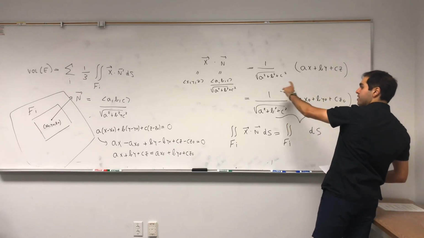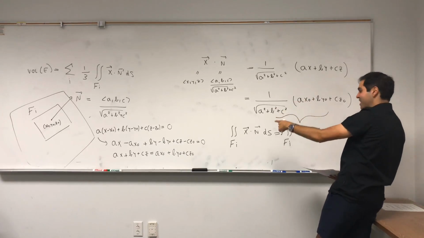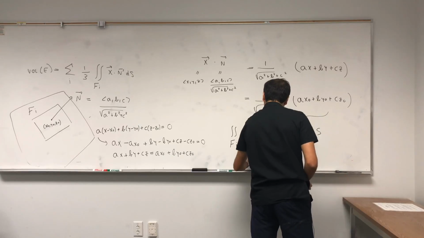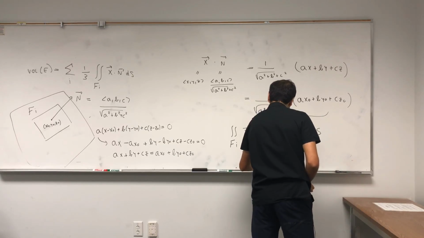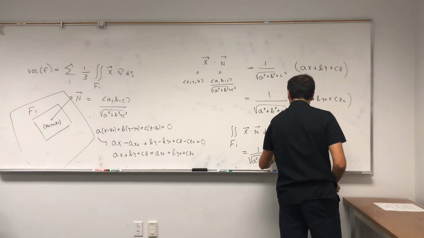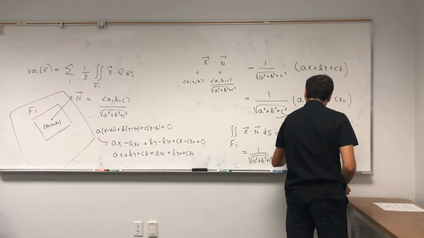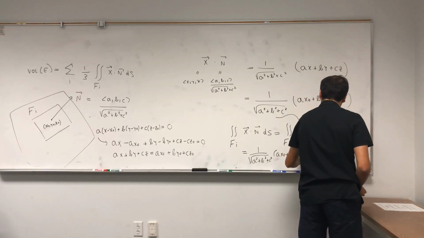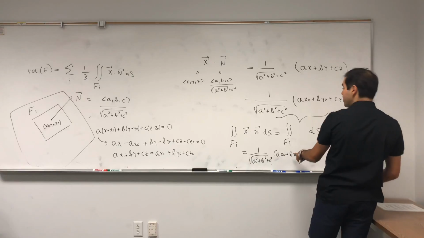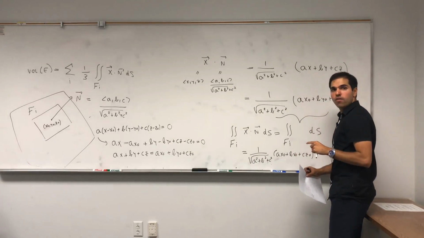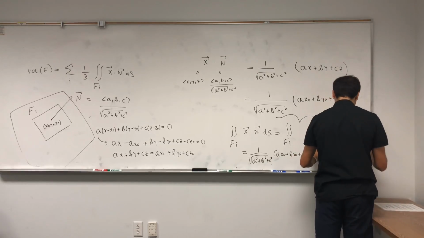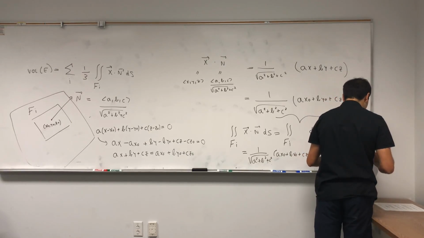But the point is, this is constant with respect to the face, so it drops out. 1 over square root of a squared plus b squared plus c squared times, again, ax naught plus by naught plus cz naught, times the double integral of 1 over the face. But the double integral of 1 over any surface is just the area of that surface. So area of Fi.